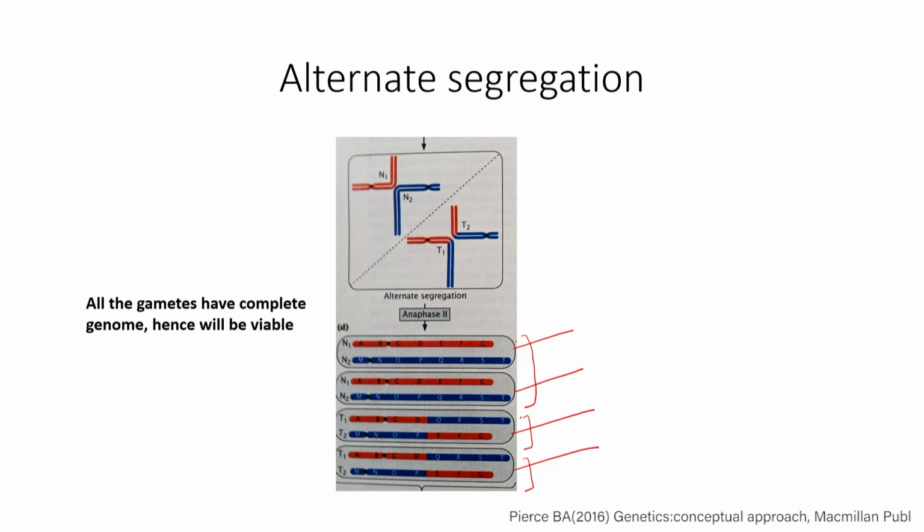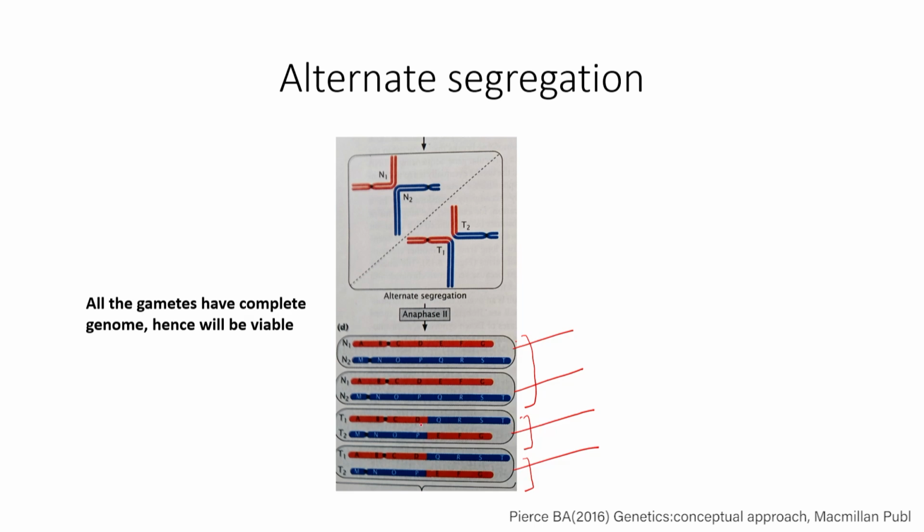All these gametes are having the complete genome, because you can see this is the full red chromosome, the full blue chromosome, the same thing here. And this has this part of blue here, the rest of the blue is here.